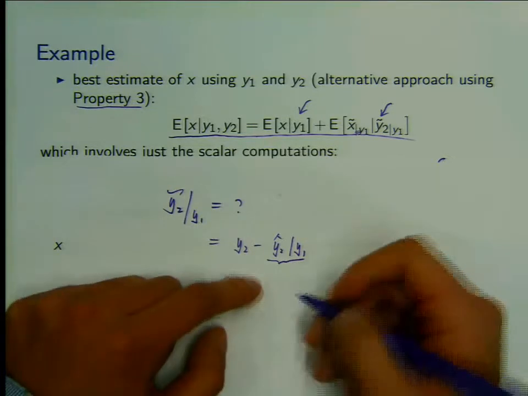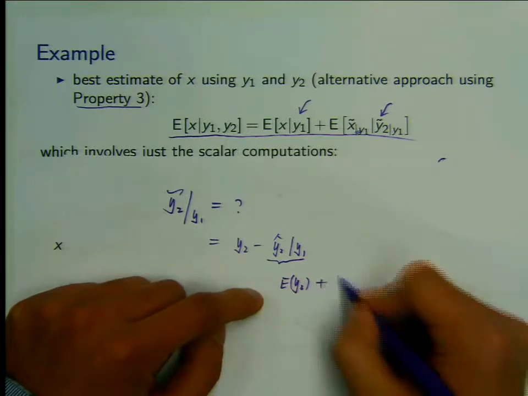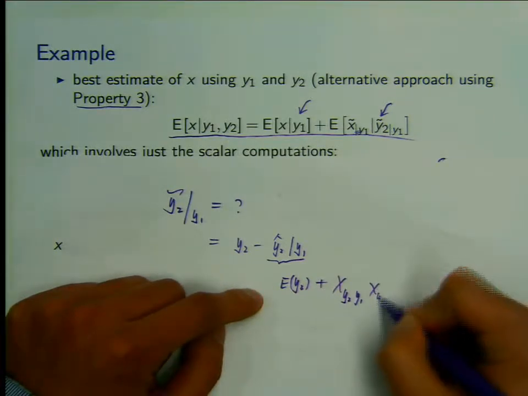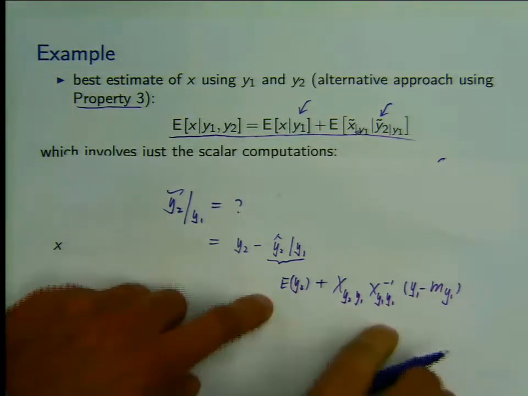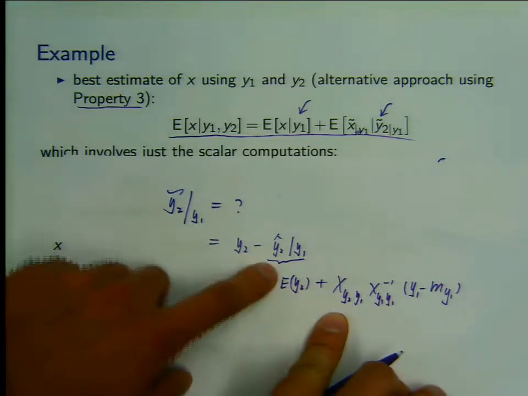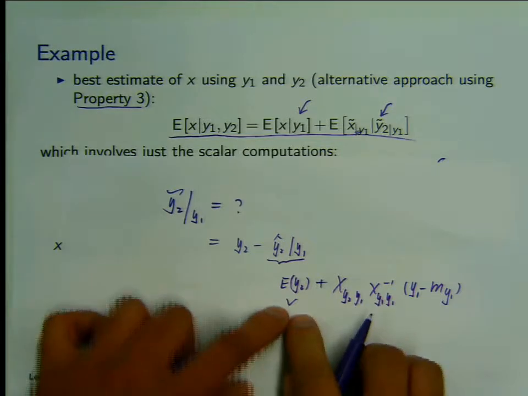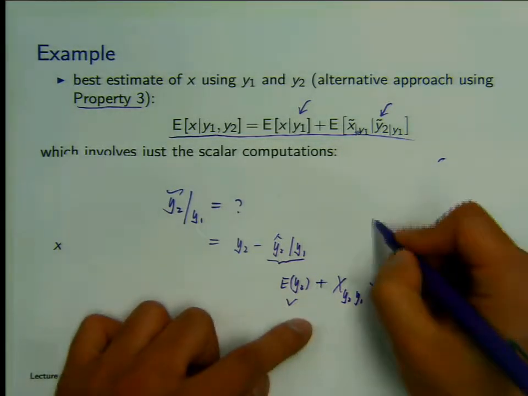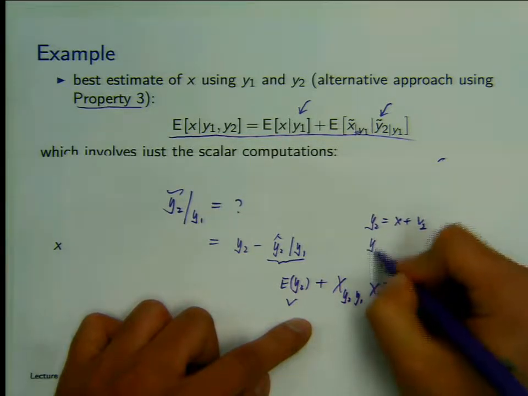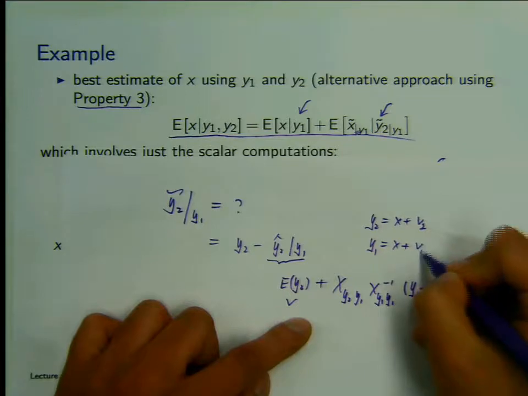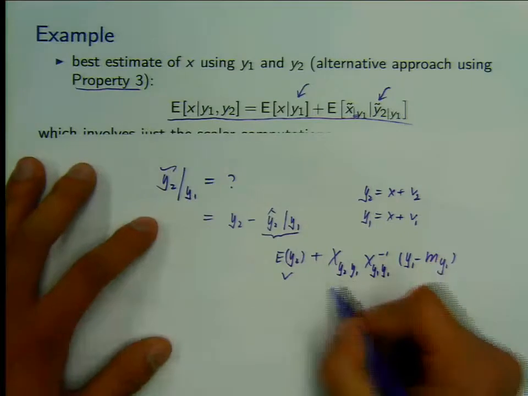What is that formula? Exactly. So just apply the conditional mean equation here. So I can know the expected value of y2 without problem. And then because y2 equals x plus v2, and y1 equals x plus v1, it's useful. Let's do one of them.